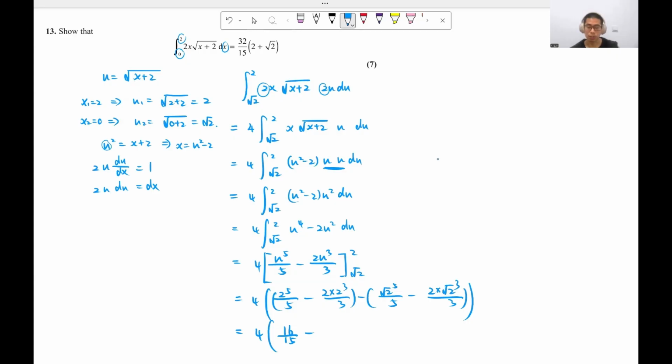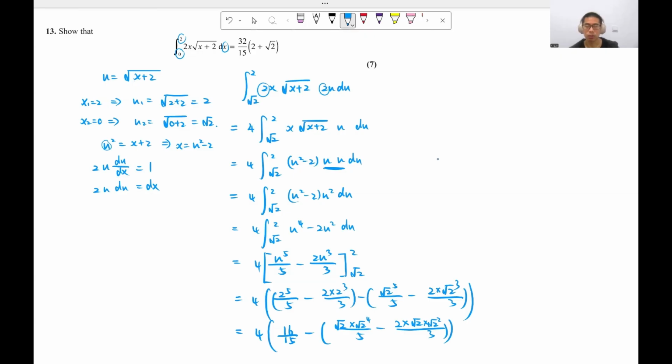And then minus, for the second one, root 2 to the power 5. We can simplify that into root 2 times root 2 to the power 4, over 5, and then minus 2 times root 2 times root 2 squared over 3.